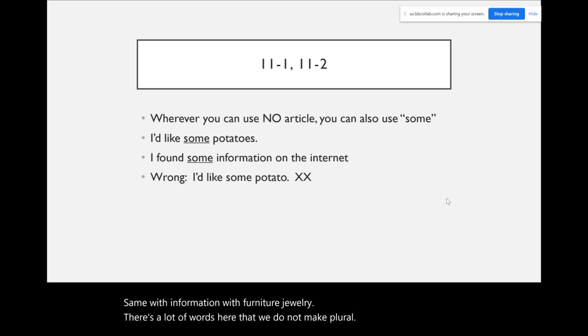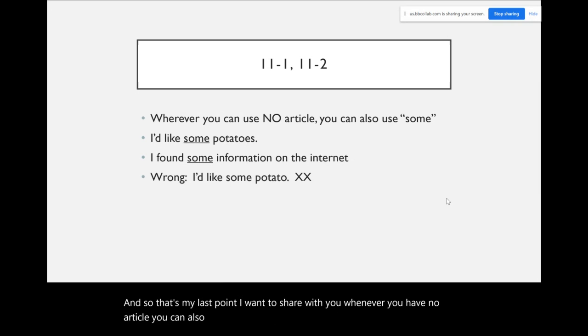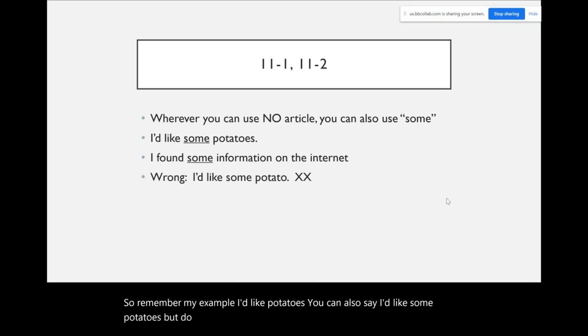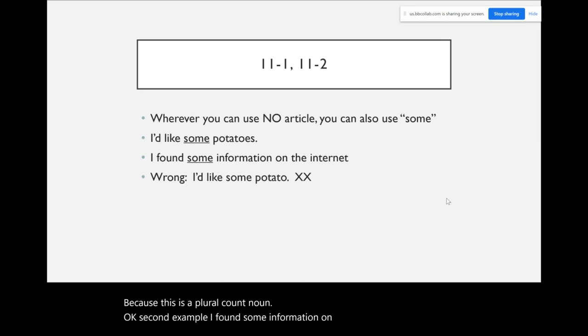Okay? And so that's my last point I want to share with you. Whenever you have no article, you can also use some. So remember my example, I'd like potatoes. You can also say I'd like some, but do not say I'd like a potatoes, because this is a plural count noun. Second example, I found some information on the internet. That is correct.